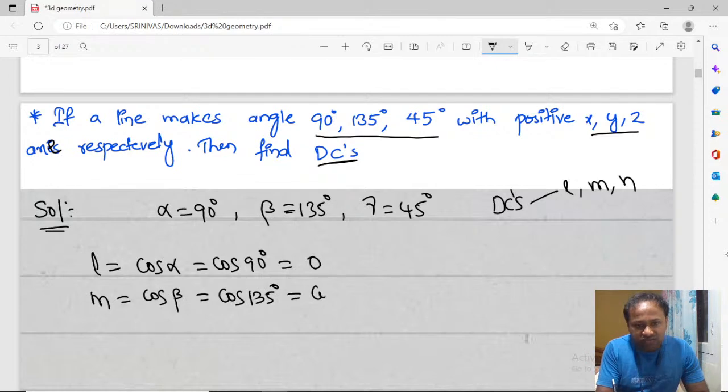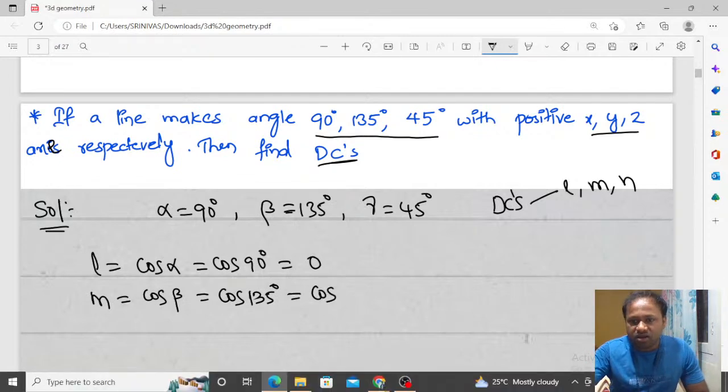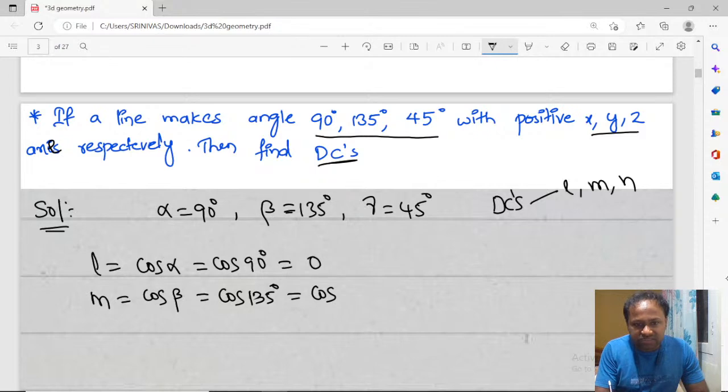Cos 135 means cos of 90 plus 45. 90 plus 45, its value is minus sin 45. So directly we can say that it is minus 1 by root 2.